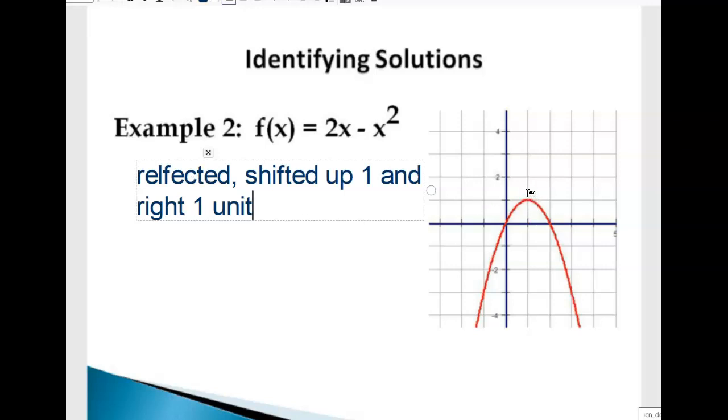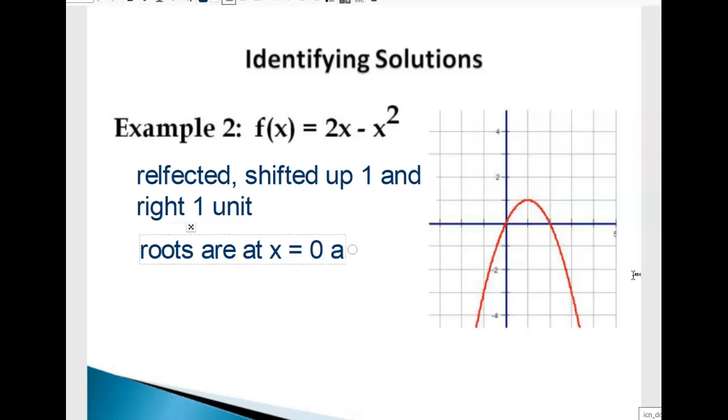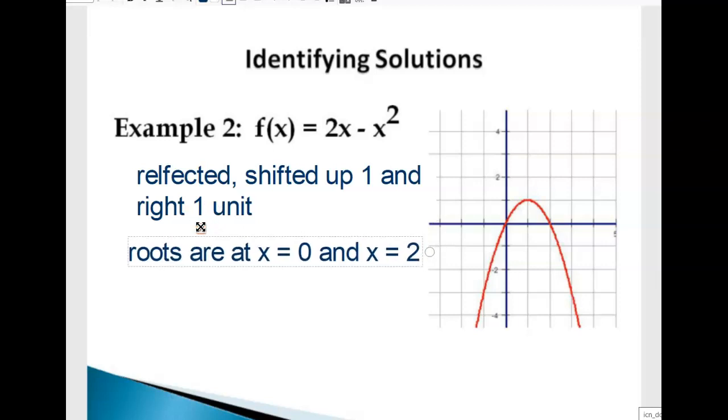So we can see that based off our vertex. So again, looking at the graph, the roots are at x equals 0 and x equals 2. So the roots are at x equals 0 or x equals 2.